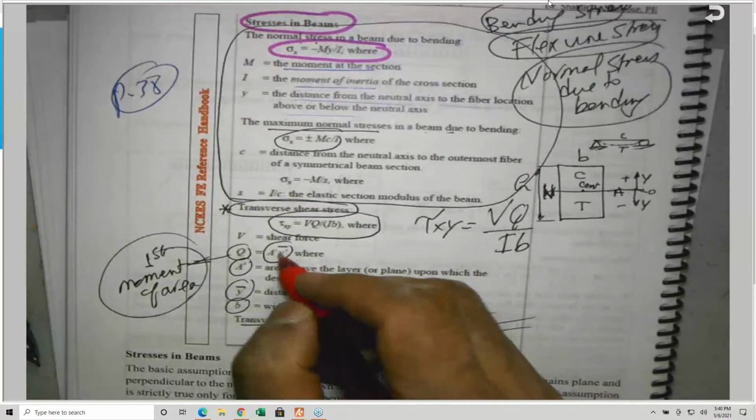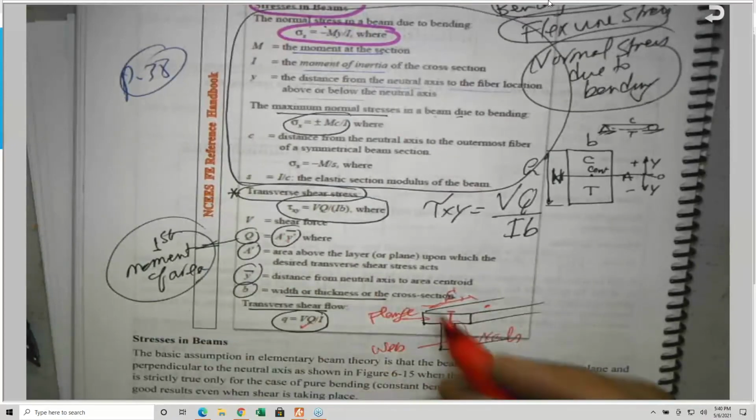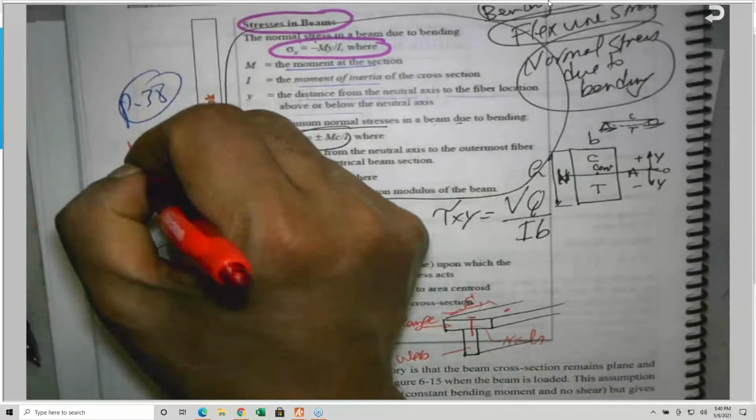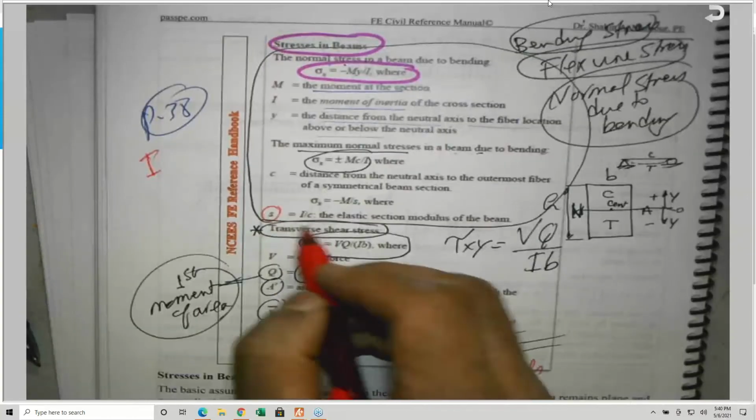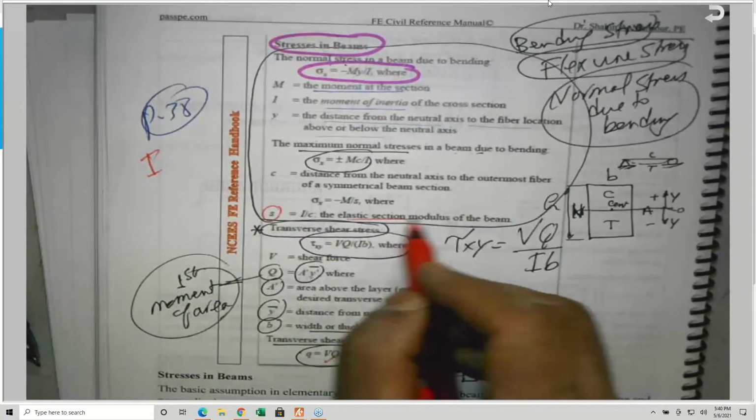The Q is called the first moment of area. Some textbooks use I equal to BH cubed divided by 12 and use S, by the way. S is the section modulus. Sorry, I'm not using S, this is the spacing. Yes. S is equal to I over C, which is called the elastic section modulus.